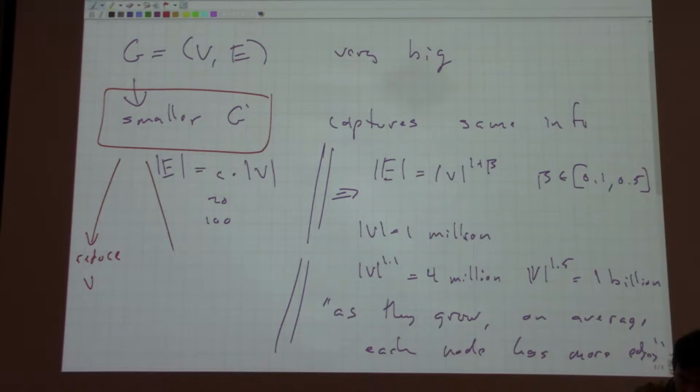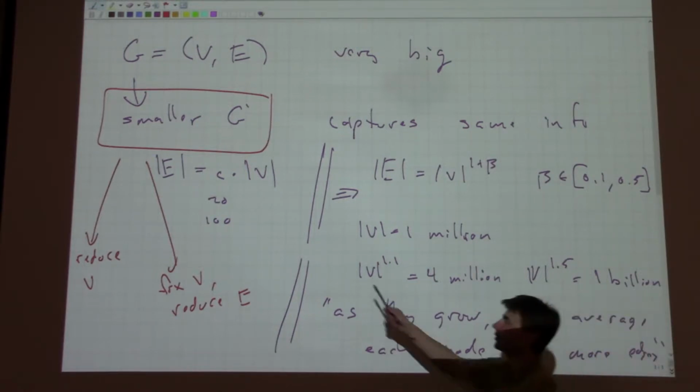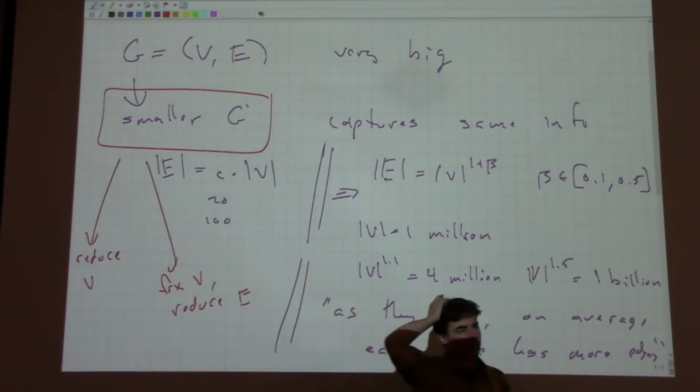Most of the work has been to fix V and then reduce the number of edges, so reduce the edge set. So go down to have the same vertices in the graph, the same number of people, but you want to reduce the number of edges. And if edges are growing faster than the number of vertices, then reduce the edges back down to something that looks closer to this. That's going to end up being the goal.